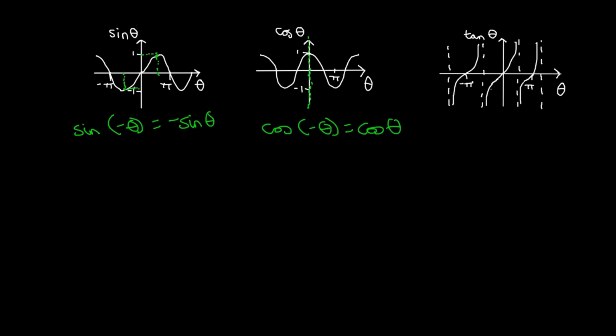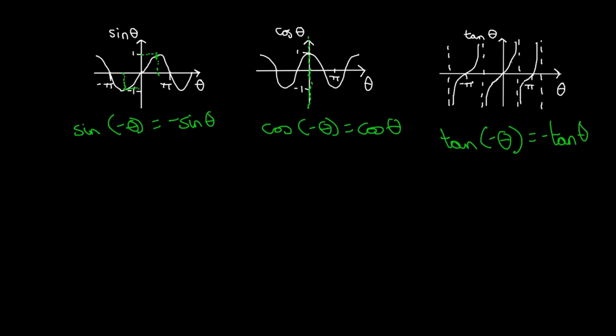For the tangent function, this is very similar to the sine function. You see, we have a period of pi here between the asymptotes, and it's the same as the sine function in that the identity for any angle, tan of negative theta, is equal to the negative of tan theta.